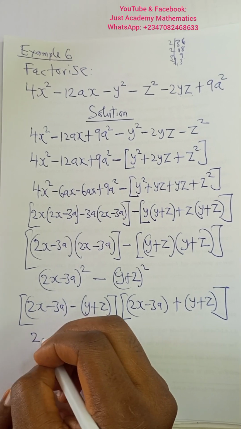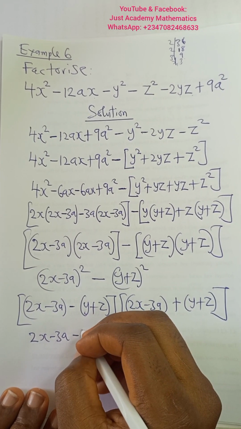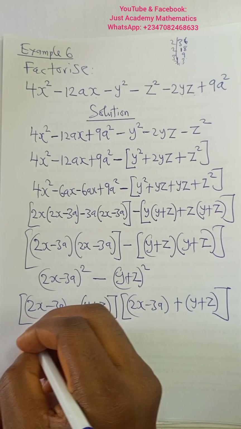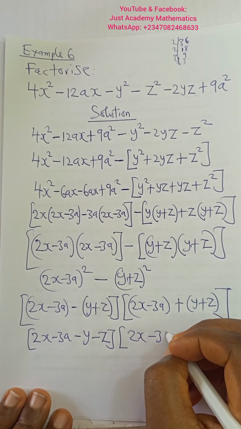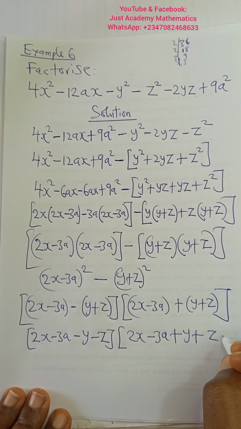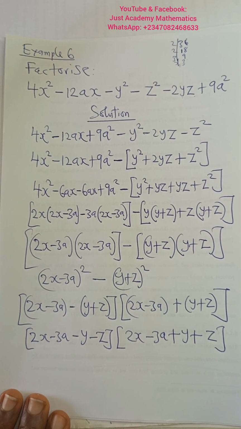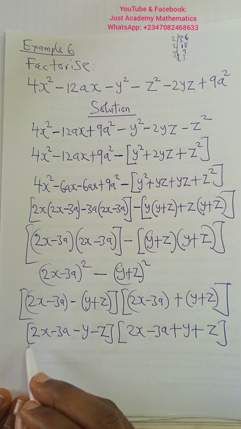This is 2X minus 3A minus Y minus Z and 2X minus 3A plus Y plus Z. That is the answer.